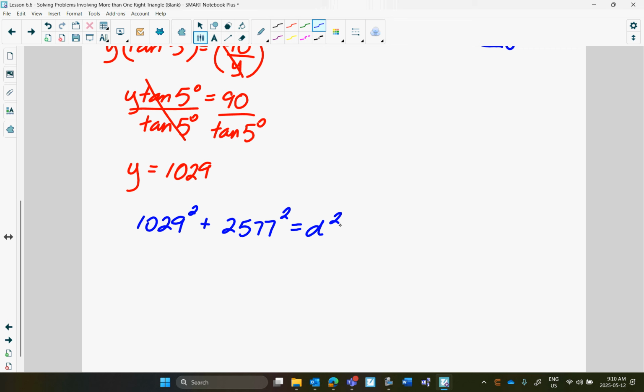So when we square those, let's save ourselves a step. Square them and add them together. So 1,029 squared plus 2,577 squared gives us a big number, 7,699,770.